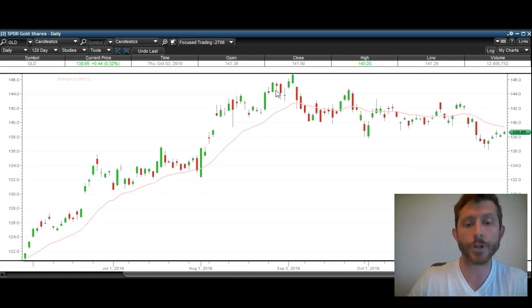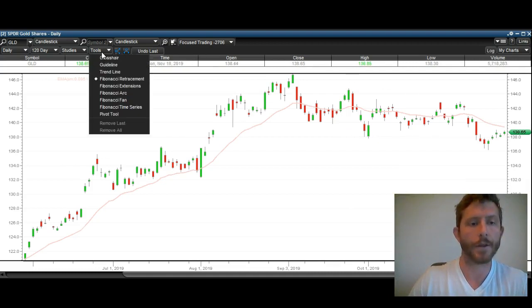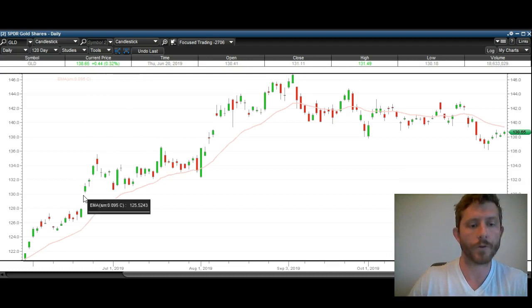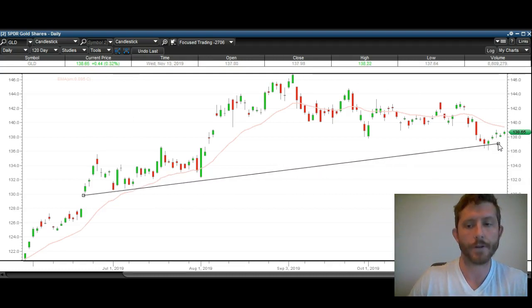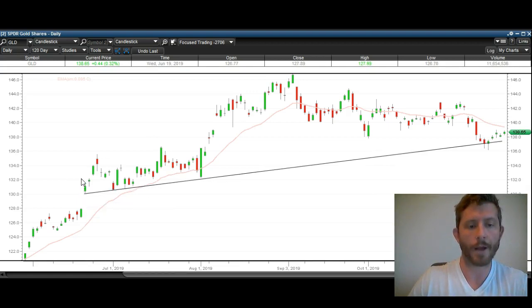This is the daily chart. We're looking at about 100 days of action. What we have right here is, first and foremost, this pretty decent uptrend line. You can see that it has given gold a bounce several times, here, right here, and here we are bouncing off of it.